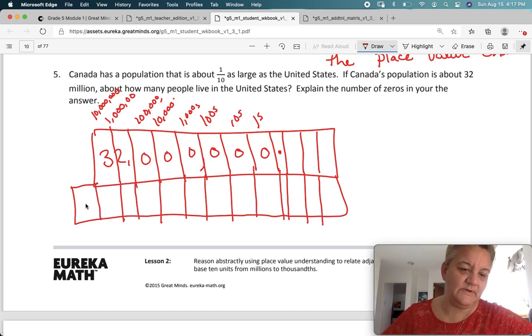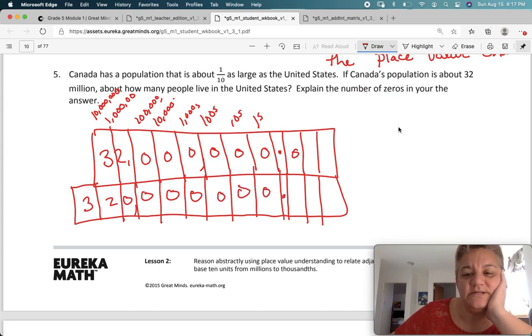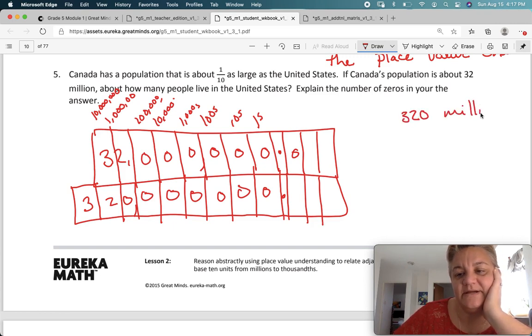Okay, so we're going to go here, and I'm going to pretend there was a 0 there. Okay, so now we have 320 million. How did we get there? How did we do that?